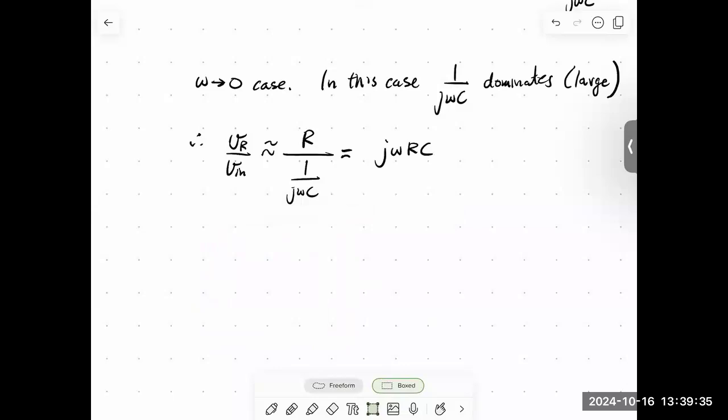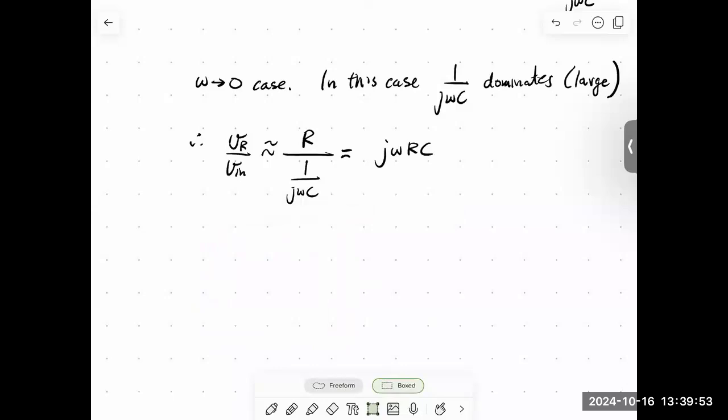Notice that this is a ratio of the actual voltages that includes both the magnitude and the phase. So let's see if we can understand, how can I interpret this j times an omega RC?